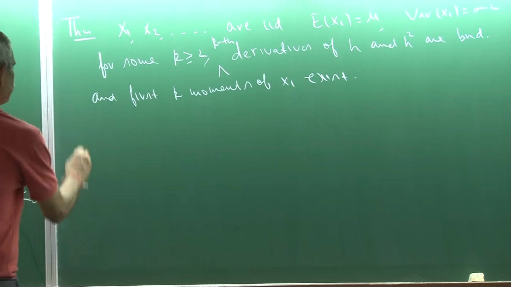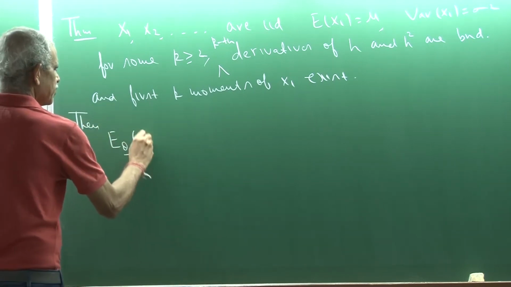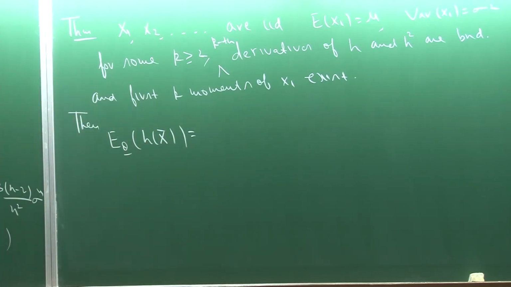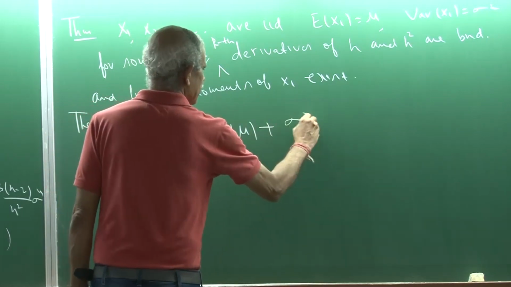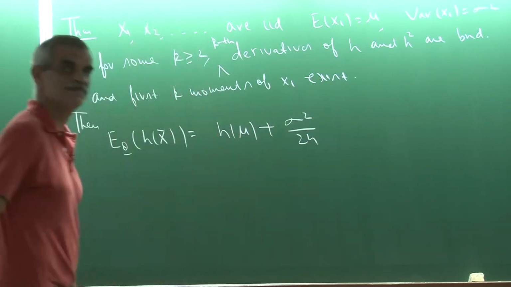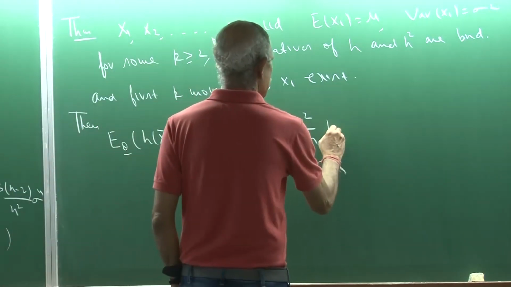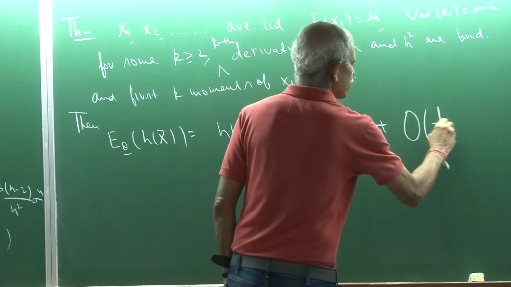Then expected value of h of x bar would be the same as h of mu plus sigma square by 2n h double prime mu plus order of 1 by n square.